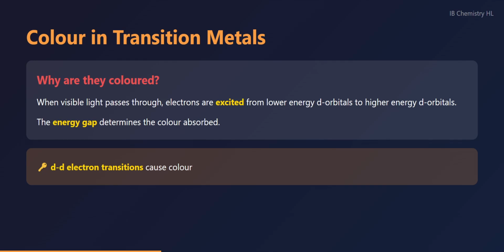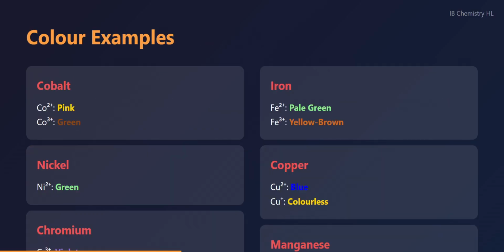The color depends on the metal, its oxidation state, and the ligand. For example, copper 2+ ions are blue, while copper 1+ ions are colorless. Iron 2+ is pale green, while iron 3+ is yellow-brown. The color can be explained using crystal field theory, which describes how the d orbitals split in energy in the presence of ligands.